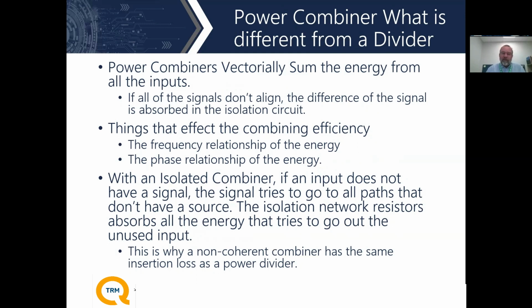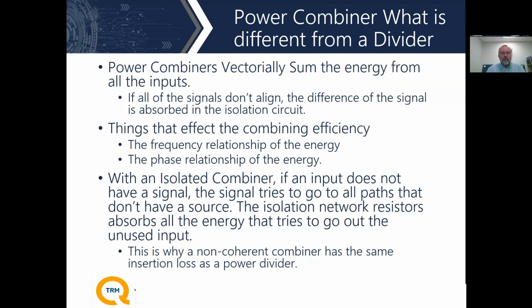Things that affect how efficient that is are, first of all, how coherent the signal is coming into it, and then what you do with the energy that is not fully coherent. The frequency relationship and the phase relationship of the energy make a big difference as to how much energy actually fully combines versus how much energy is thrown away into the isolation network.